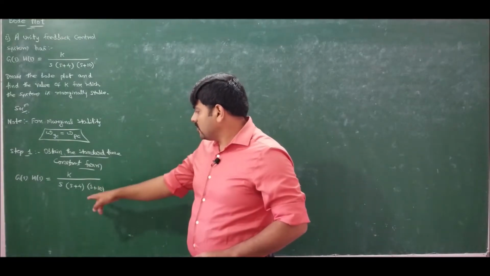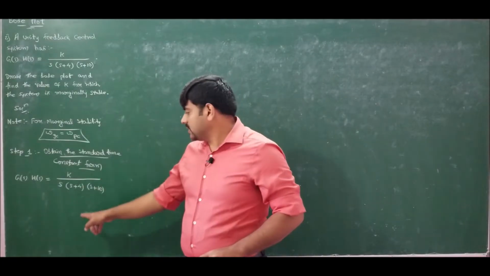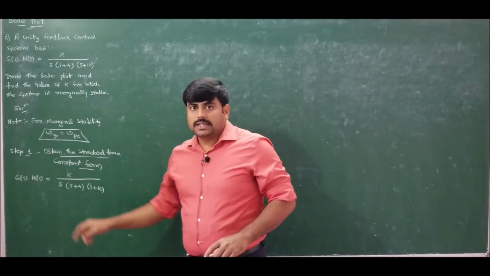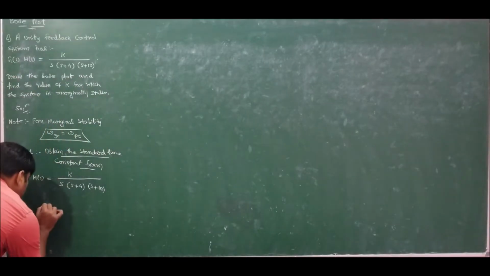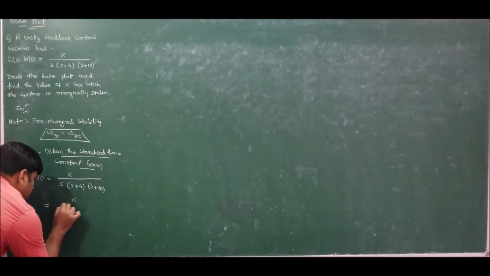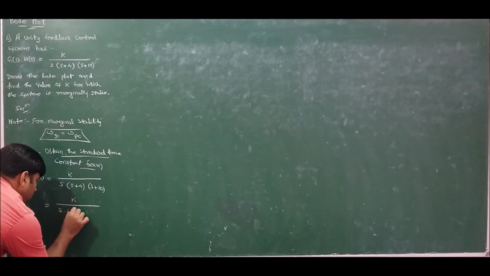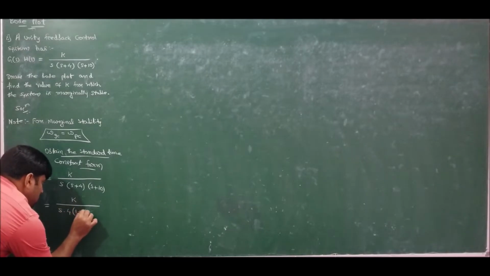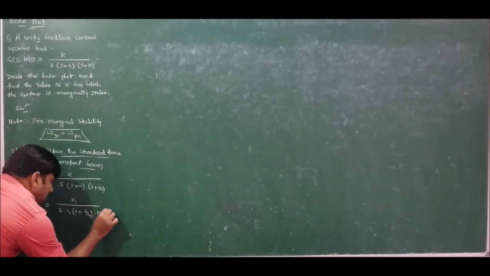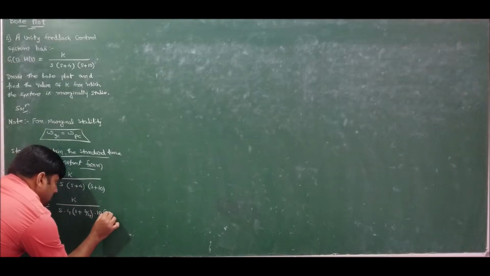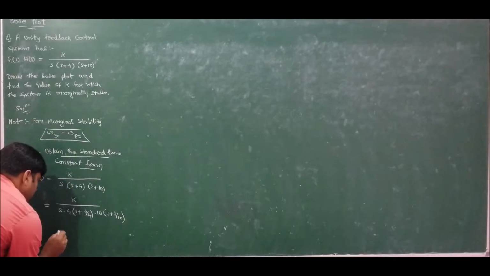Now the standard form for simple poles is of the form 1 plus Ts. So I should take 4 common here, and I should take 10 common here. If I do that, I will get K divided by s into 1 plus s by 4, and 1 plus s by 10.